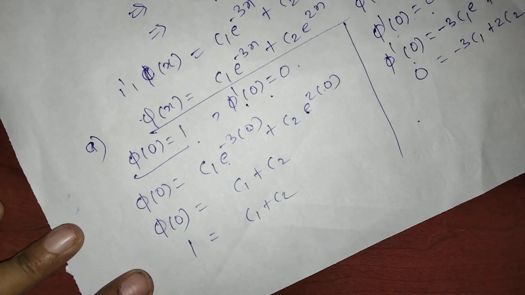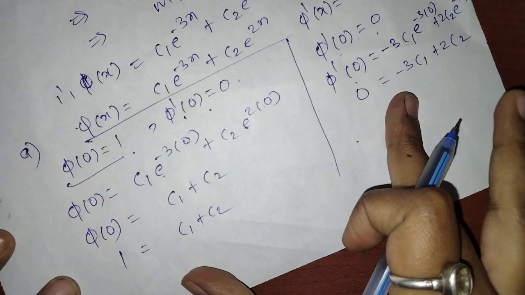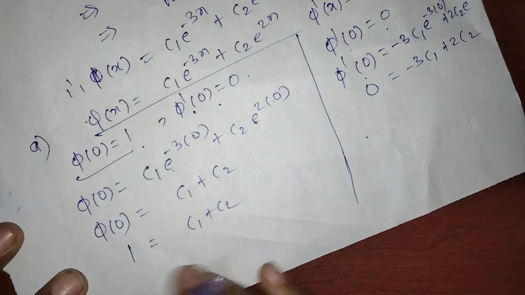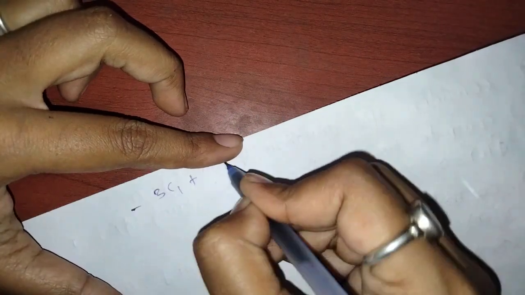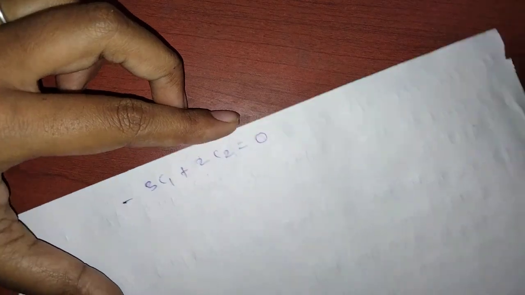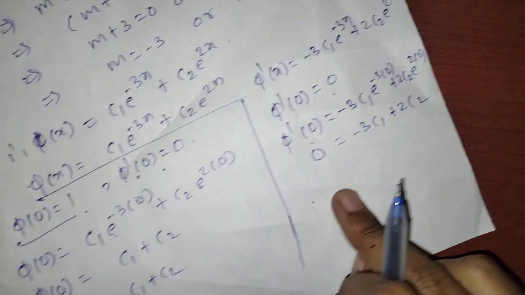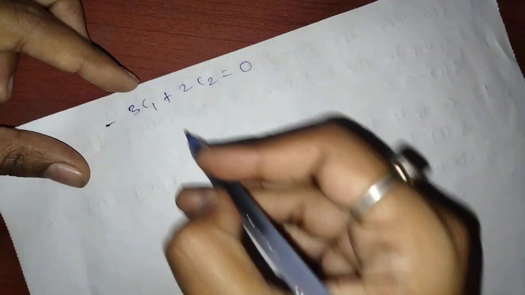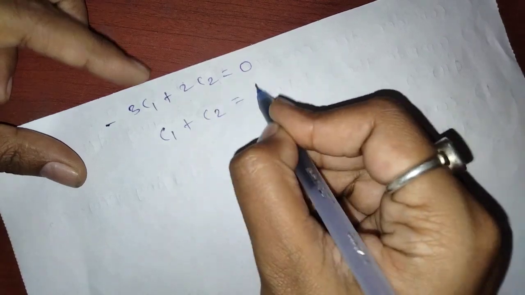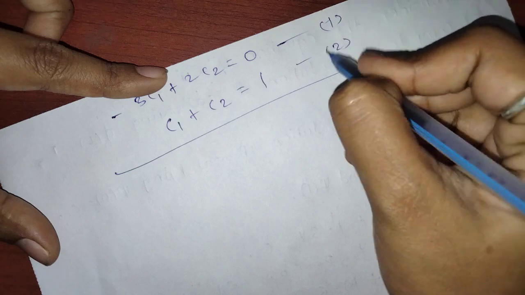Now for the values of the constants, solve these two equations simultaneously. First take -3c1 + 2c2 = 0, and next take c1 + c2 = 1. So first equation, second equation.